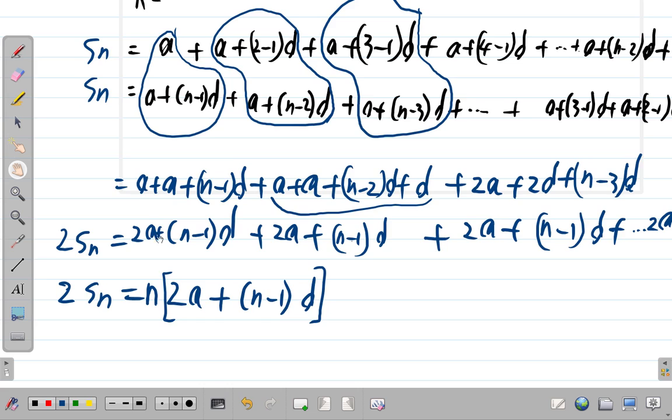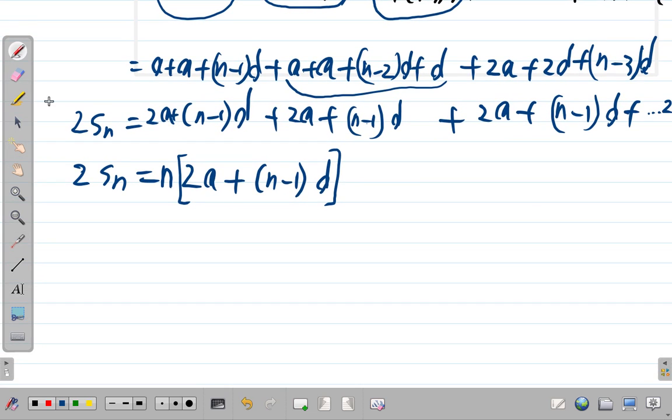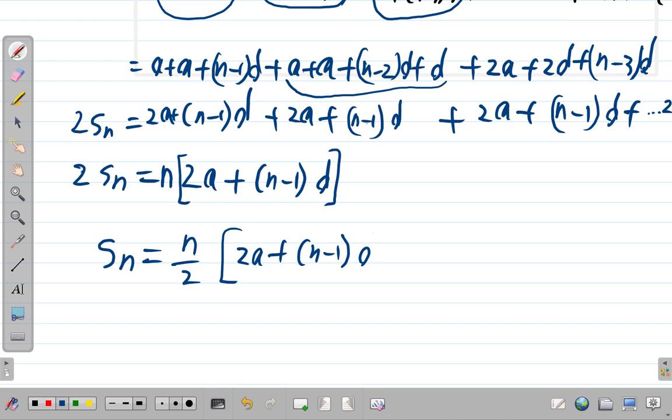So if you should divide by 2, you get the sum of the first n terms is equal to n over 2, right? Half n, which is n over 2 times 2a plus n minus 1d.